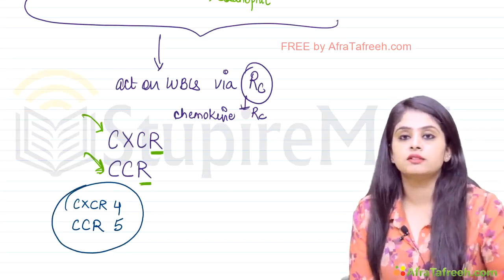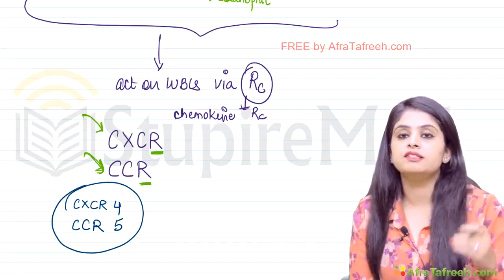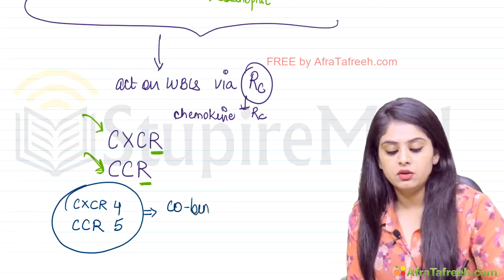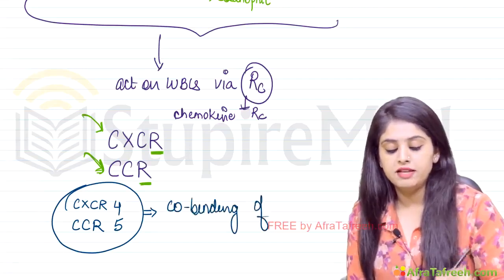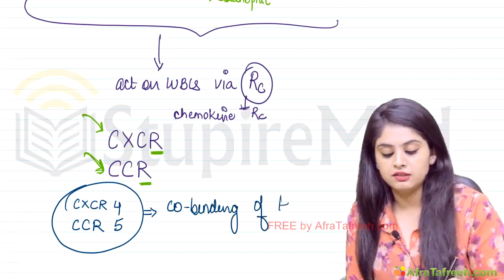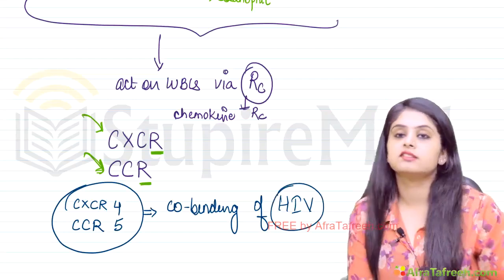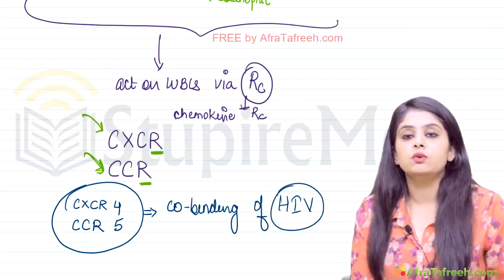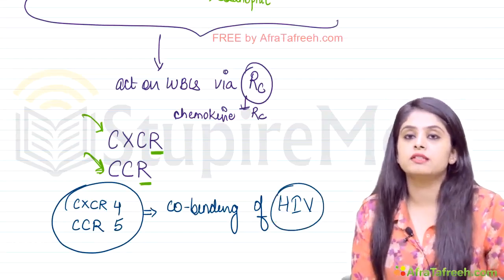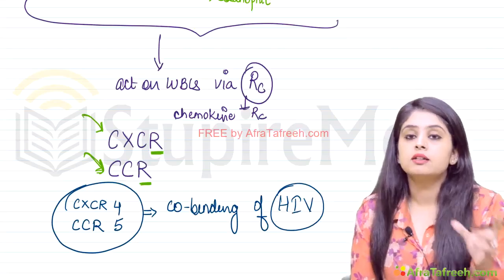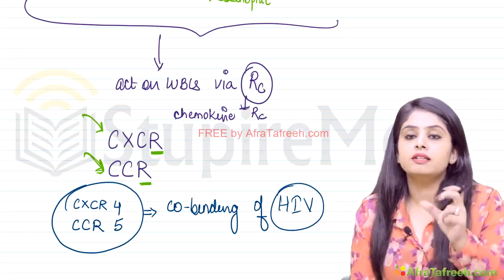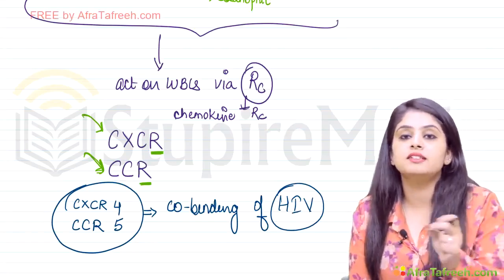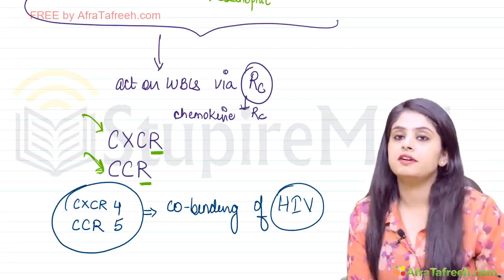This particular chemokine receptor is needed for the co-binding of a very important infectious agent, that is human immunodeficiency virus. When HIV enters the body, we know it enters mostly the macrophages and the CD4 cells. But the co-binding, apart from the routine binding, there is one co-receptor that helps. That receptor is the chemokine receptor, that is CXCR4 and CCR5.